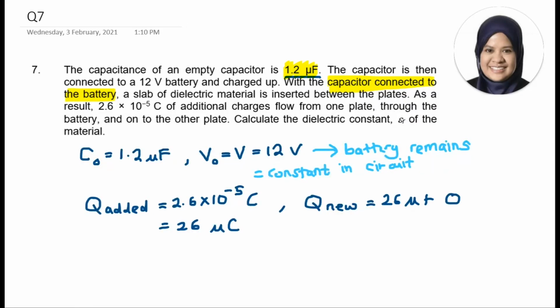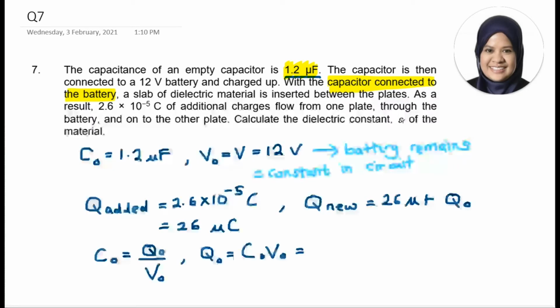So I want to find my Q not from C and V. So saya ada C naught equal to Q naught over V naught. So Q naught sama dengan C naught darab dengan V naught. Saya dapat 1.2 micro darab dengan 12.